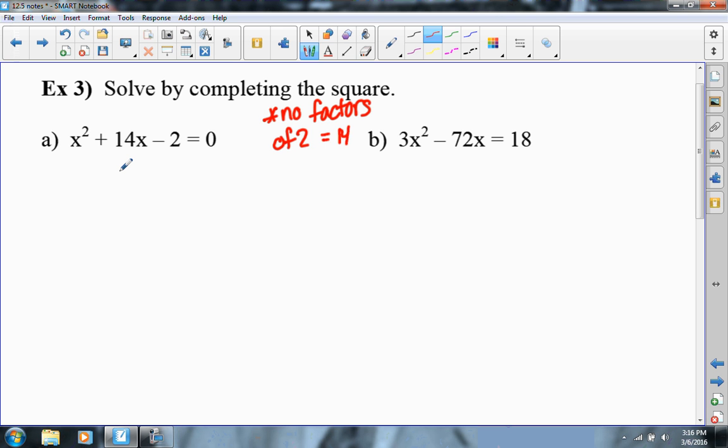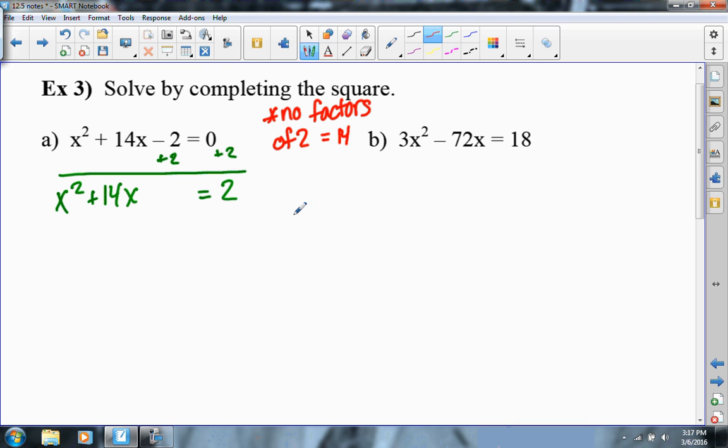So if I had a choice for how I could solve this, I would have to do completing the square. So to start my completing the square process, I'm going to move that c term over to the other side. So now I have x squared plus 14x equals 2. Now I'm going to leave a little space here because that's where I'm going to get that third number that's going to make the left-hand side a perfect square trinomial.